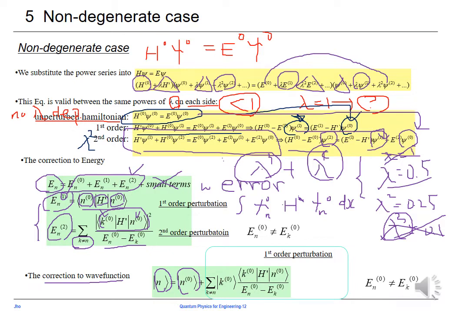First order perturbation is summed from lowest to the highest. So k0, zeroth order term, and then en0, ek0. Again, this is the first order. I mean, it is not squared here.